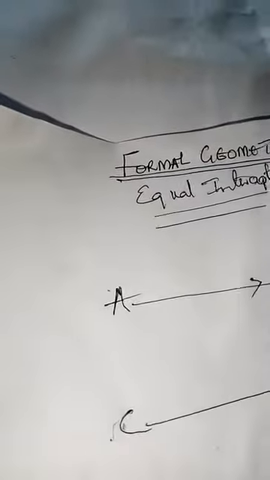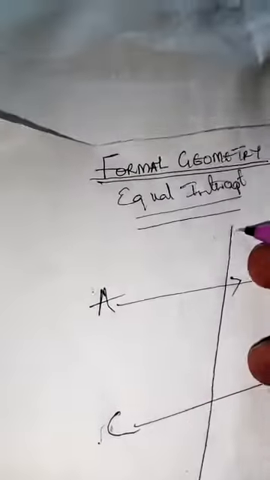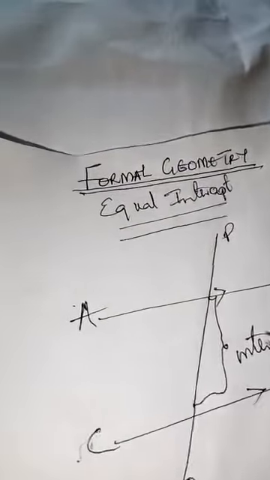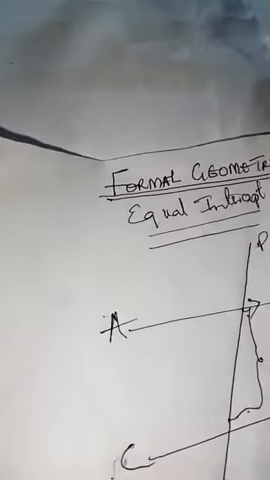When you have a line A and B and have another line C and D, which are parallel to each other, and we have a transversal. This is called transversal PQ. This is where it's called intercept.